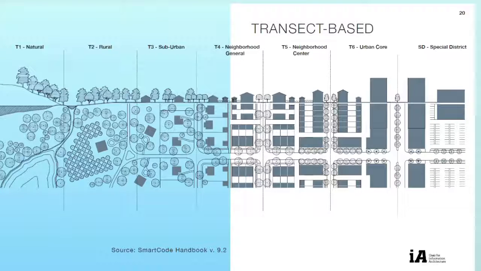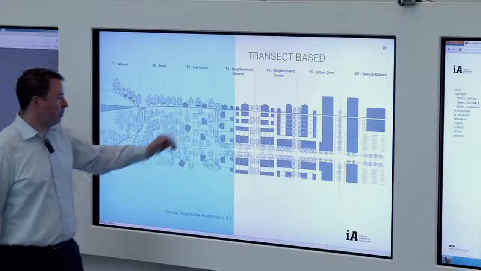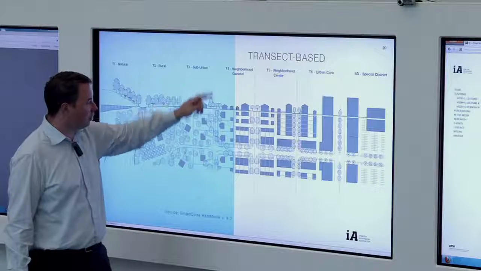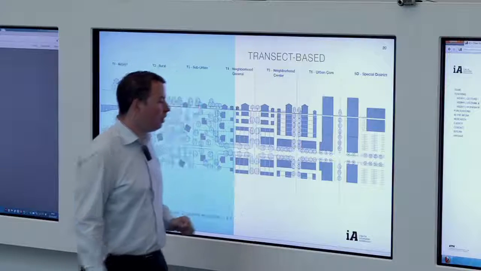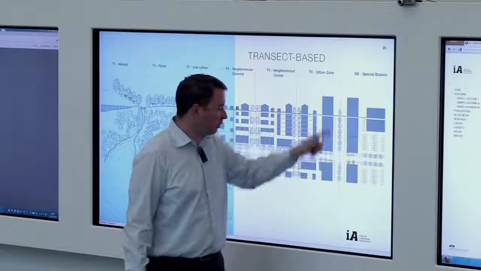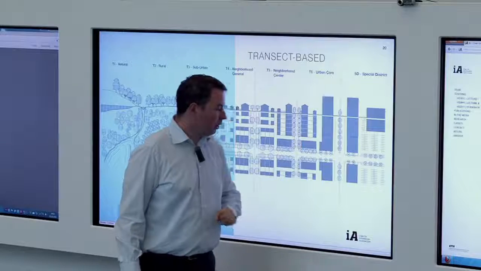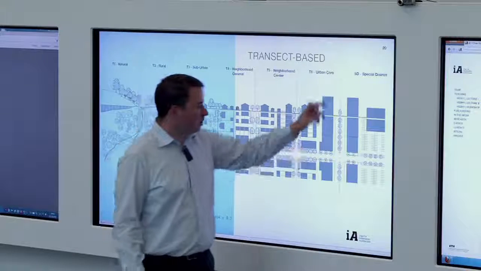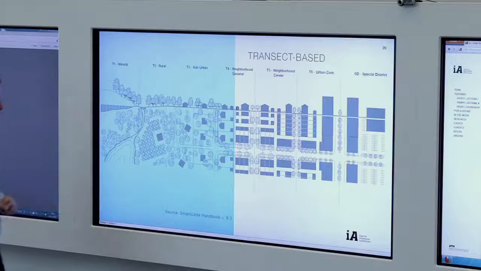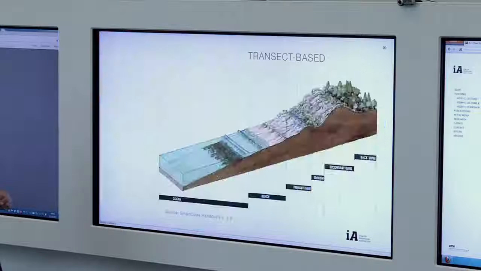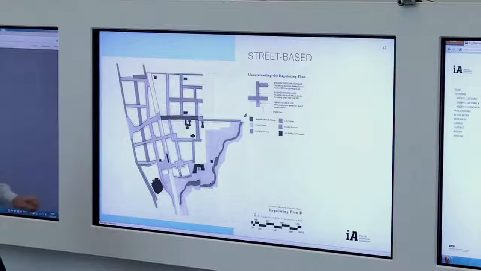And then you have the suburban dwellings, and then the more garden city-like neighborhoods, which are more dense, and then you come up to the urban core. And of course, there are certain special districts for development, like business parks and so on. And this can be done very efficiently with this one.